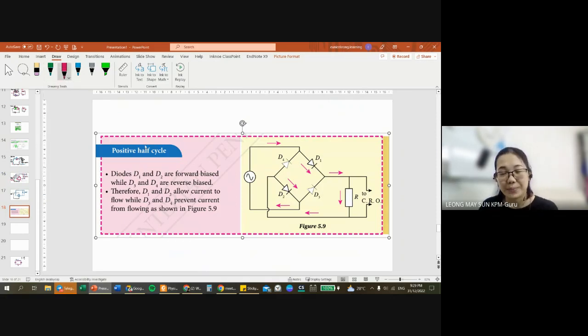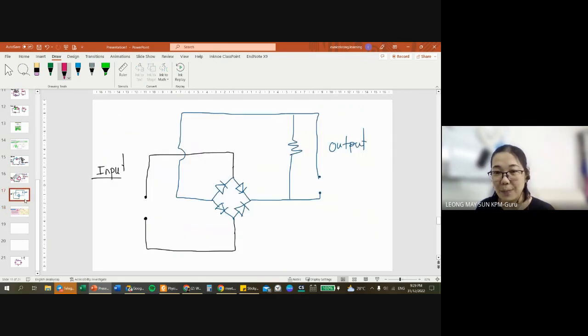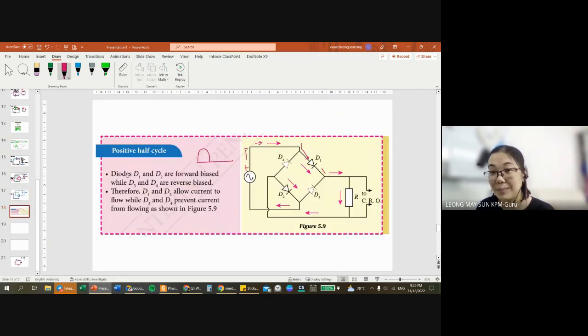Okay, now for the positive cycle, which means the first part, if this part is positive, current will flow. When it reaches here, the current flows through D1. Even though this is different from what I draw, the only difference is the output for this picture is actually at the bottom. My output is at the top. It's the same thing only.